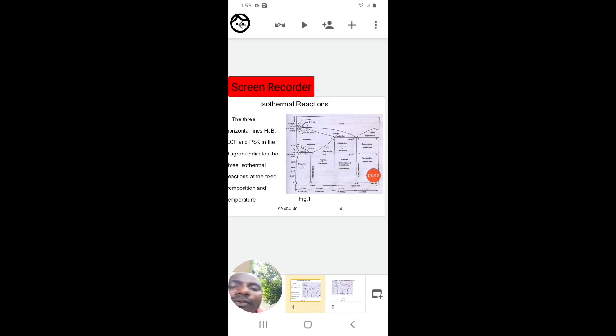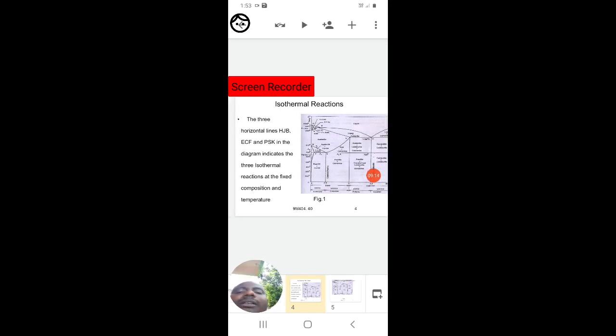Next at 723 degrees centigrade we put another line, at 1130 degrees centigrade another horizontal line, and finally at 1492 degrees another line. These horizontal lines are constant temperature lines, that is, the isothermal lines.